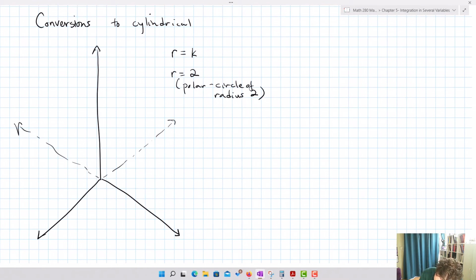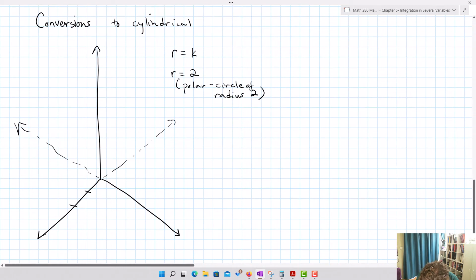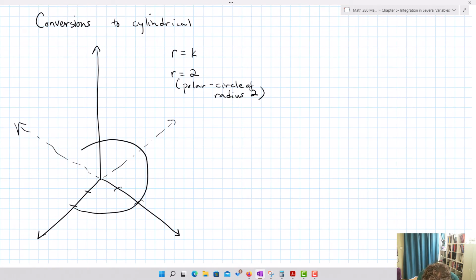the r theta plane, like I said, we've got a circle of radius 2, okay? So here's our circle of radius 2 on that r theta plane, and then z can be anything. Z is what we would call free, right? It can be anything that we want it to be.